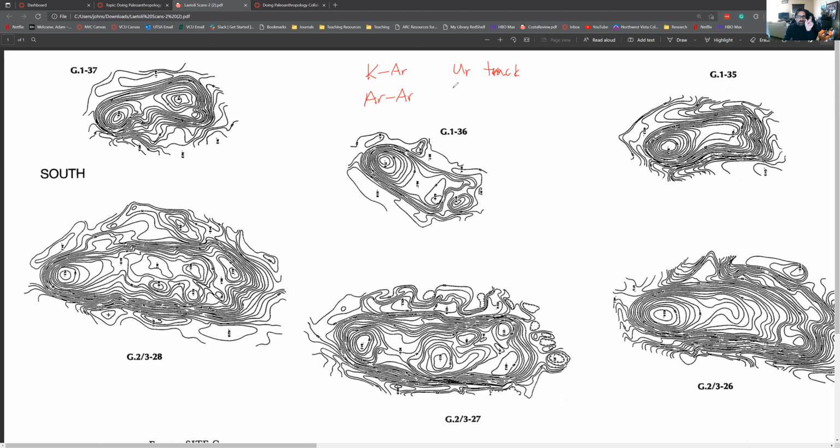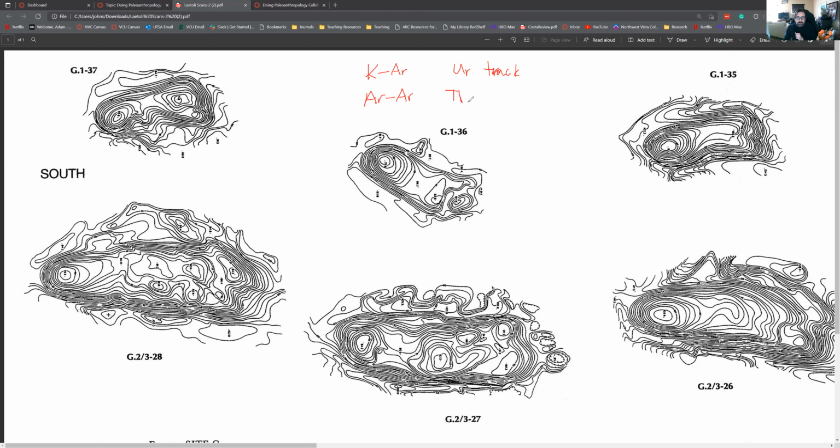And so we can measure the length of those tracks, and it gives us a fairly accurate account of how old or when that uranium was deposited there. And of course, we're looking at volcanic ash. So we're looking at the age at which the volcanic ash was deposited, when it was still wet, before it dried, because it's mixed with mud, when it was still depositing there. So uranium track dating.